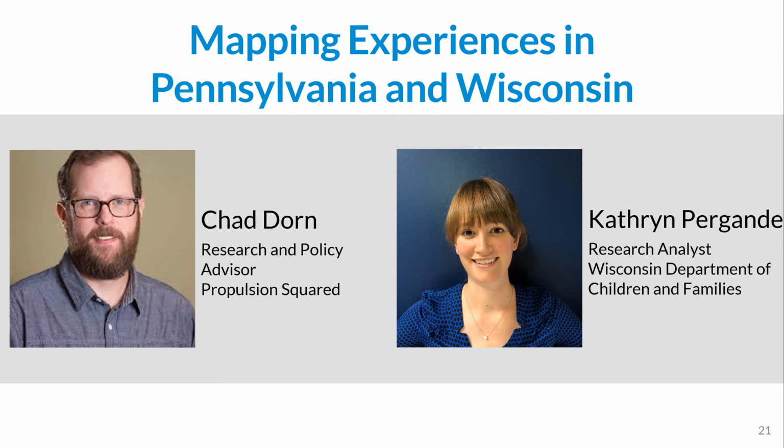Second, we'll hear from Katherine Ferg, who's a research analyst at the Wisconsin Department of Children and Families. I think you'll find both presentations interesting, and they give additional concrete examples of how mapping can be useful to CCDF lead agencies. Please remember that if you have questions for either of them, you can type them into the chat box, and Eleanor will share them with us at the end of the webinar. Let me turn it over to you, Chad.